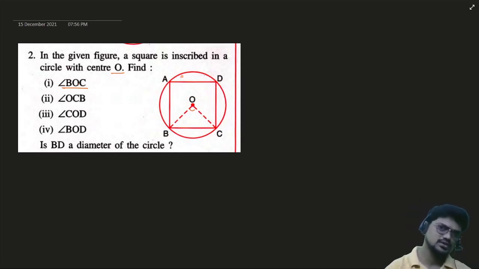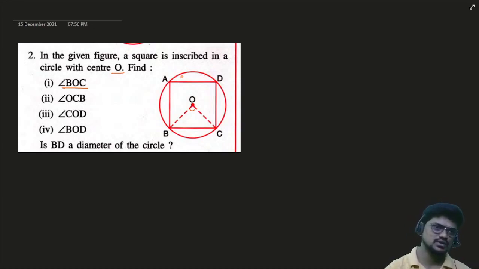Sir, is OB bisecting angle ABC? How do we know? Actually, it is, but how do we know it? Actually, it is bisecting. Diagonals of a square are angle bisectors as well as perpendicular bisectors.